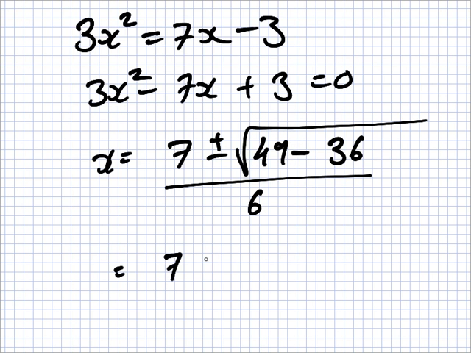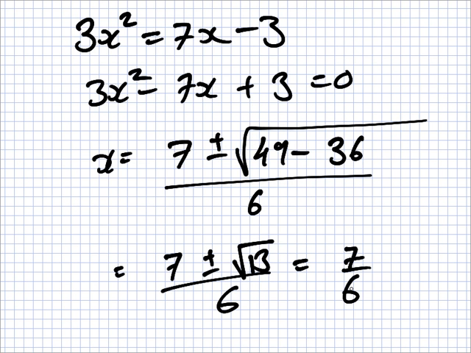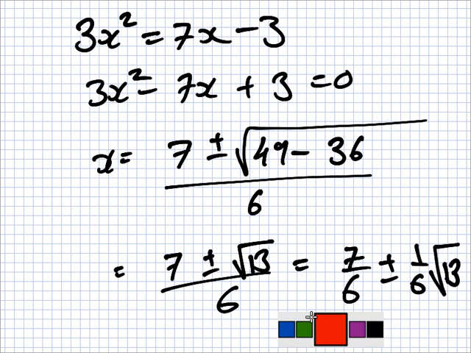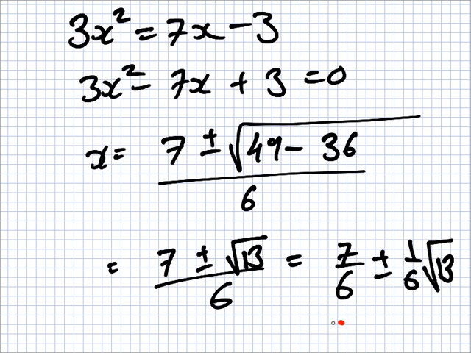So that's 7 plus or minus root 13 over 6. Did I do that wrong? Yeah, that's right. No, it is right. Yeah, 4 and 9, 13. So the answer is 7 over 6 plus or minus 1/6 of root 13. Because usually surd form means in the form of number plus minus number root number.